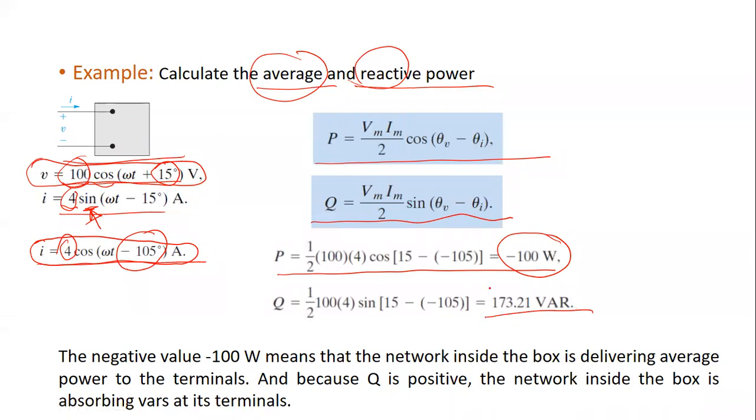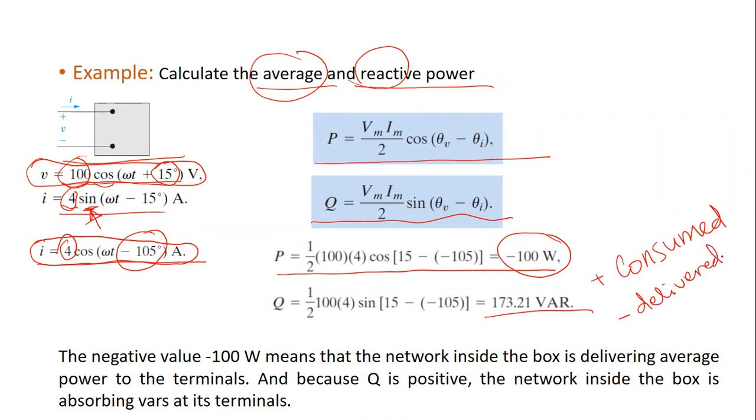Okay, so positive values mean consumed, while negative values mean delivered.